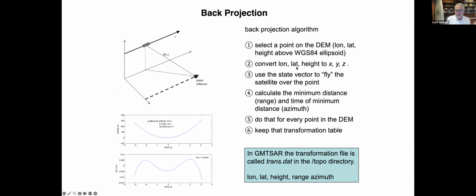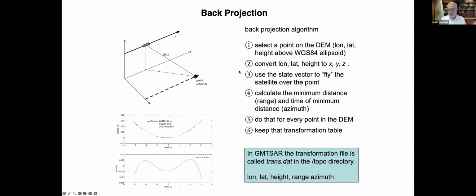The algorithm is pretty simple, but it takes a lot of computer time because you have all these points on the ground, lat long height, and you have all these times along the orbit. You have to find the one that has the minimum distance between the point and the satellite. That's called zero Doppler. In other words, that point is perpendicular to the velocity vector of the satellite.